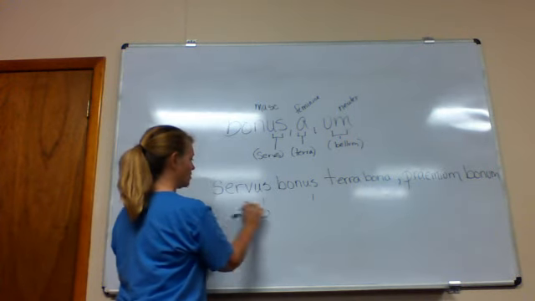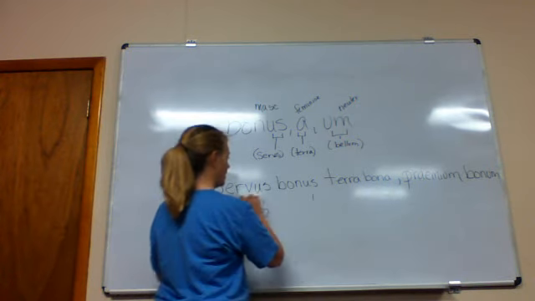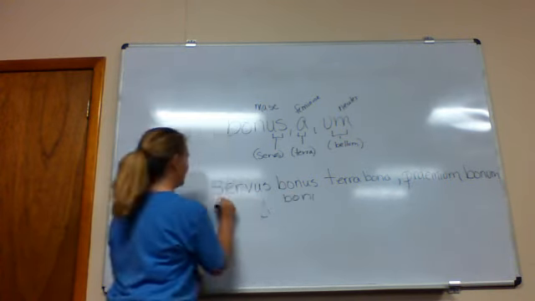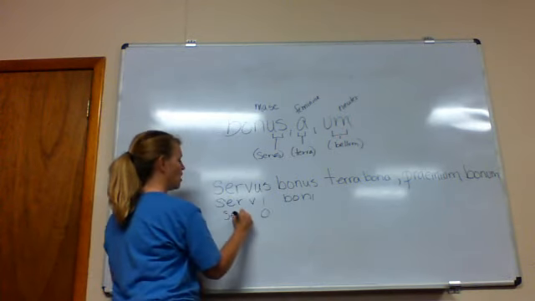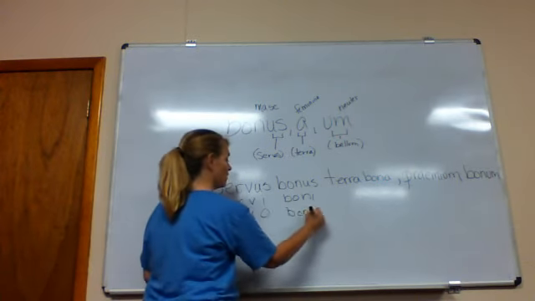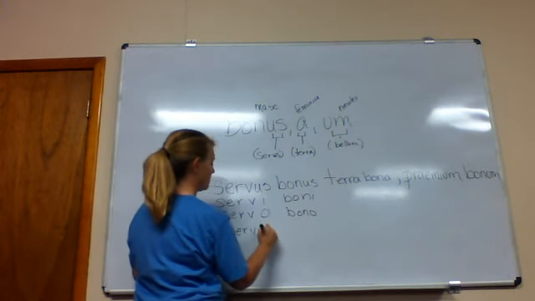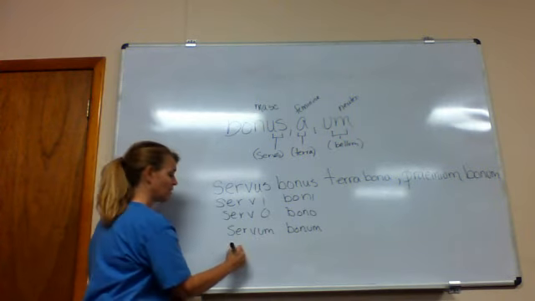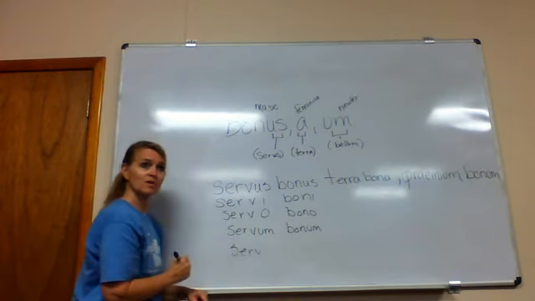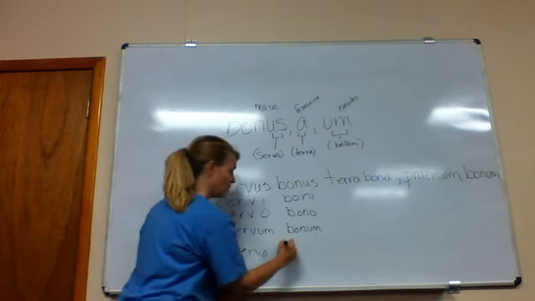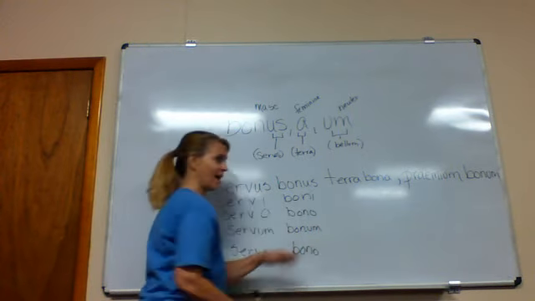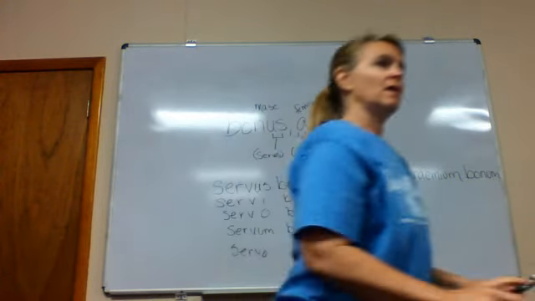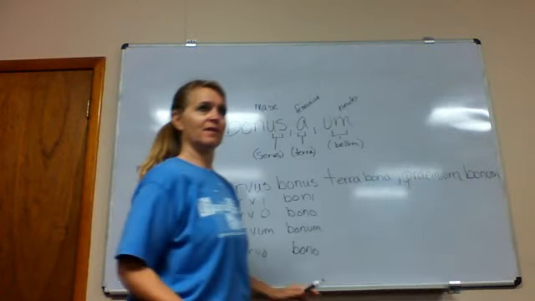We can do servus bonus, servi boni, servo bono, servum bonum. Does that make sense so far? What's going to be right here? Servo bono. Excellent. You got what we're doing here? I'm not going to write them all out to save a little time.